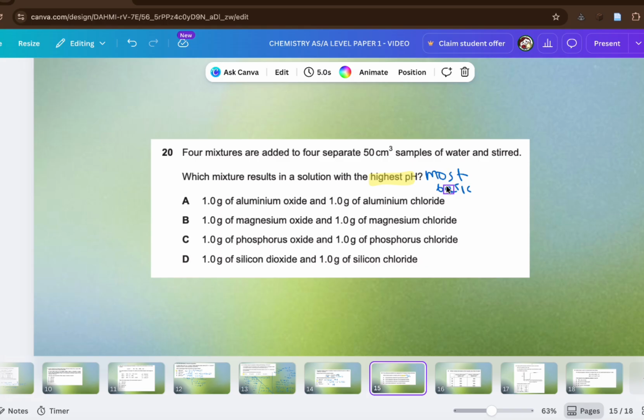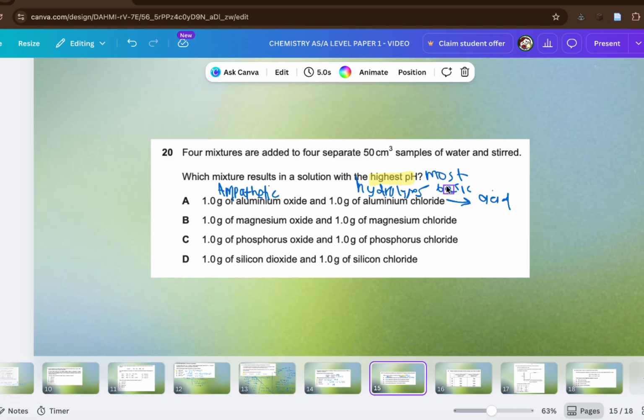First, we look at option A, aluminum oxide. Aluminum oxide is amphoteric, while aluminum chloride is not an acid. It hydrolyzes water, which will result in an acidic solution, which we don't want.